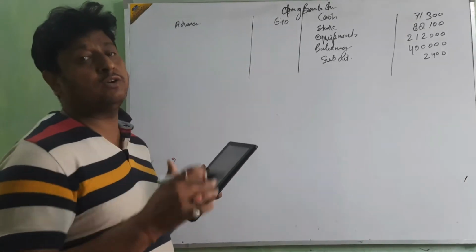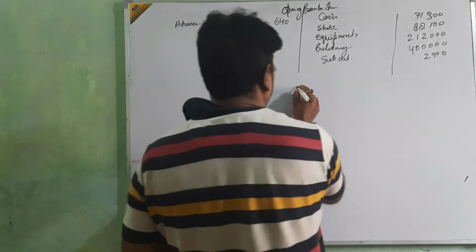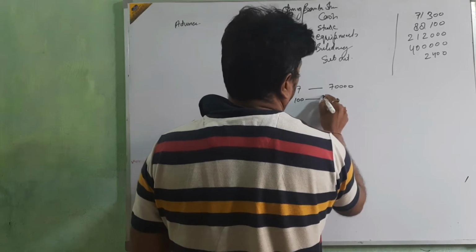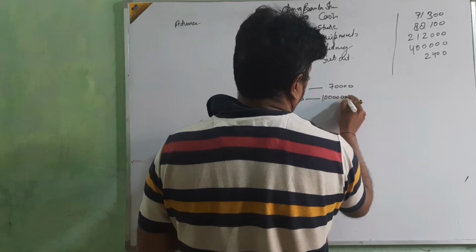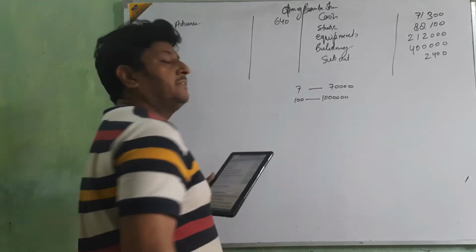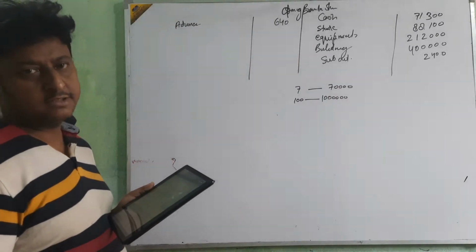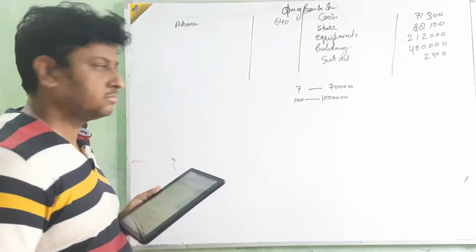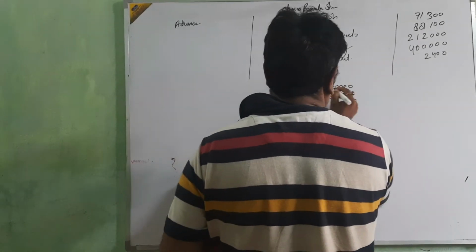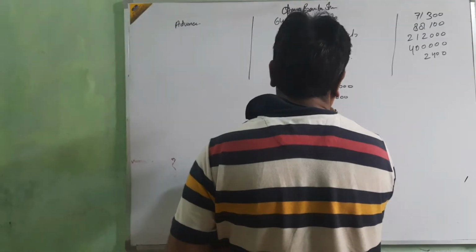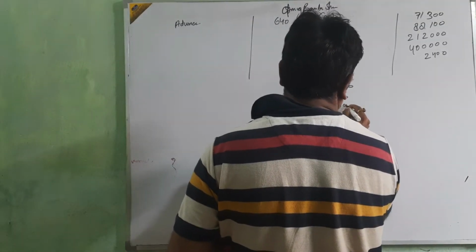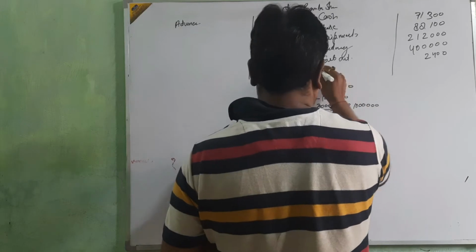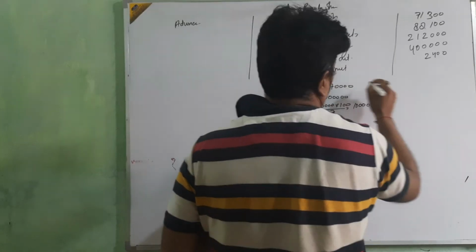By that we are going to calculate the investment. 7% is 70,000, so 100% is 70,000 into 100 upon 7, cut this, then 10 lakh. So the investment is 10 lakh.